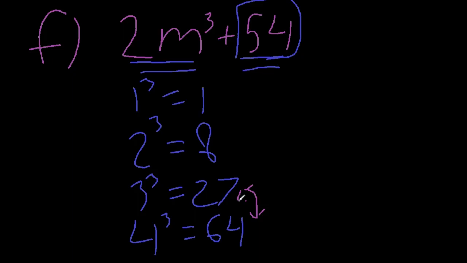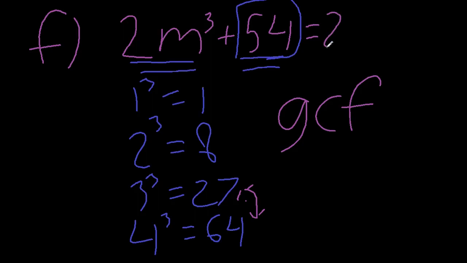Oh wait, I forgot to check something. I forgot to check for the GCF. GCF, greatest common factor. So what's the greatest common factor of 2m cubed and 54? It is 2. So the first thing before we try rewriting this is to take out the GCF.